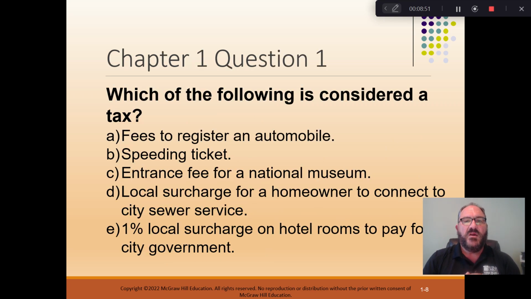Okay. All right, so here you go. Question number 1. By the way, for you online folks, you need to write these down because there's going to be a quiz in Canvas. And by the way, you're not going to be able to see the question. So this question here, which of the following is considered a tax? You will not see that question.